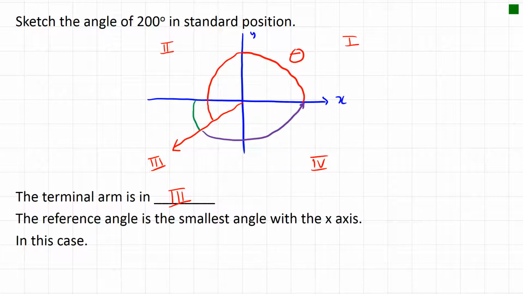And the green one is way smaller, and so that is the reference angle. So in this case, the reference angle is 20 degrees because we've gone from 180 and we've gone a little bit past that, actually 20 degrees past that. So that's why the reference angle is called 20 degrees.